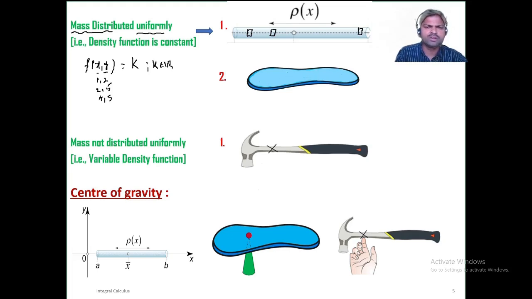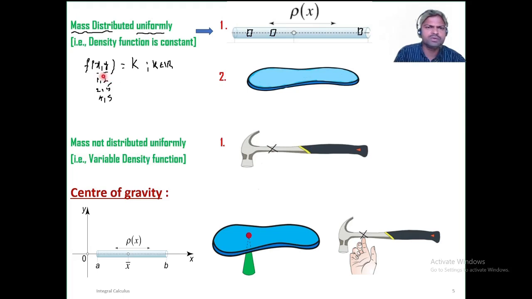Similarly for this object also, wherever you take the unit area, the mass will be the same. But compared to this object, look at here, the mass is more compared to here, and here the mass is less compared to here. That means the mass is not distributed uniformly. That means the density function is not constant. If it is constant, what?